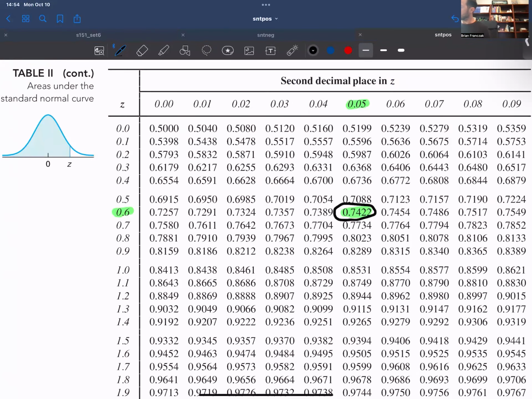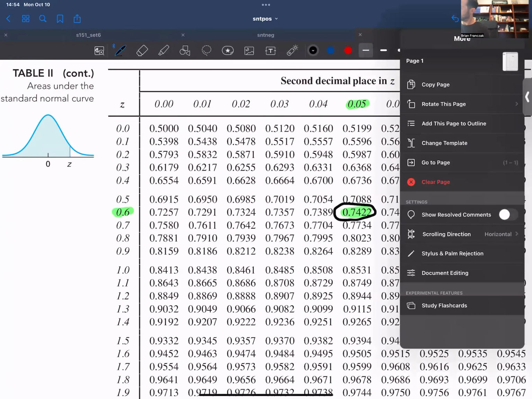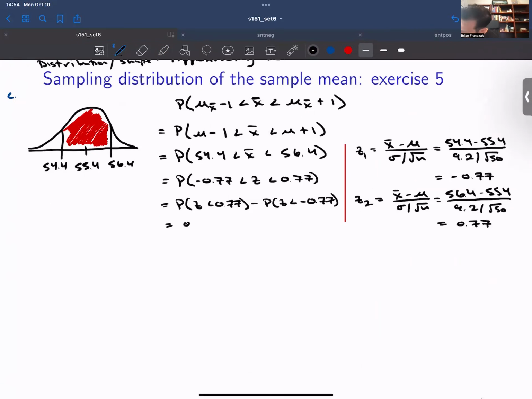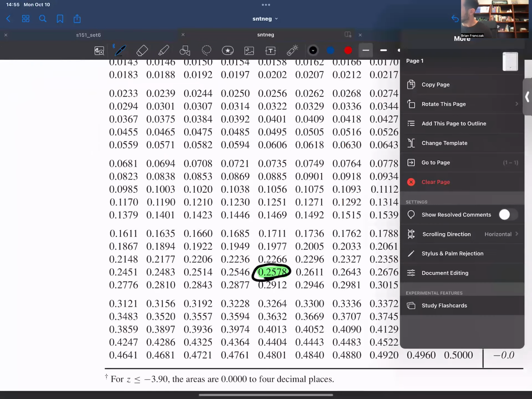We go to our standard normal table. We look up 0.77. That gives us 0.7794. We look up negative 0.77.